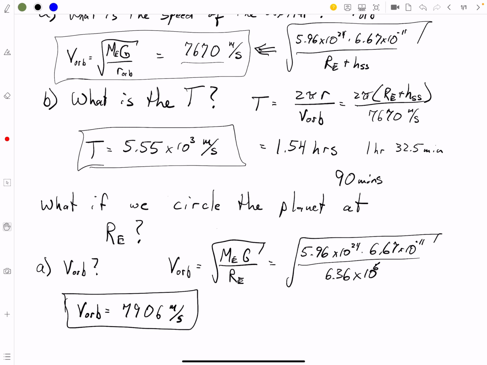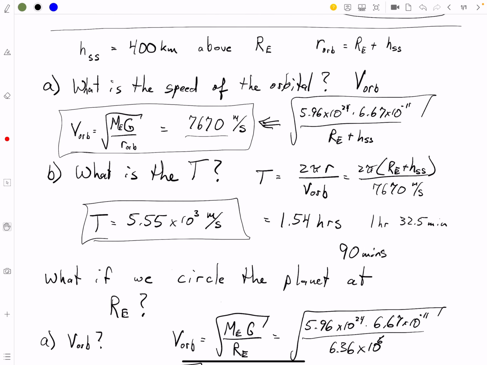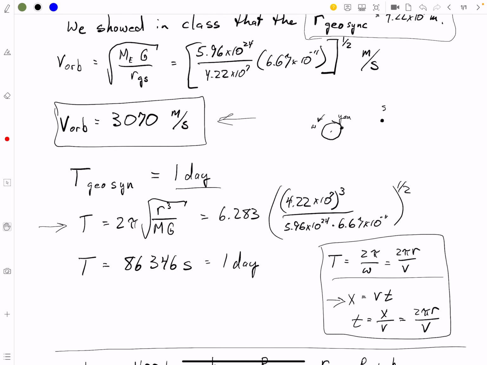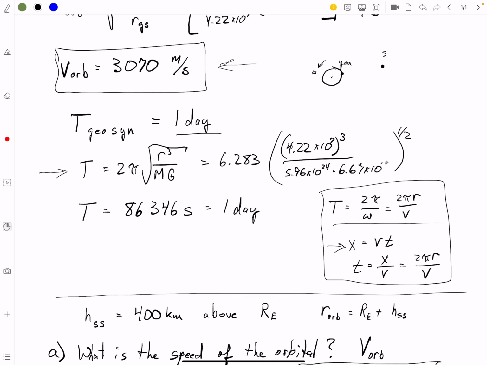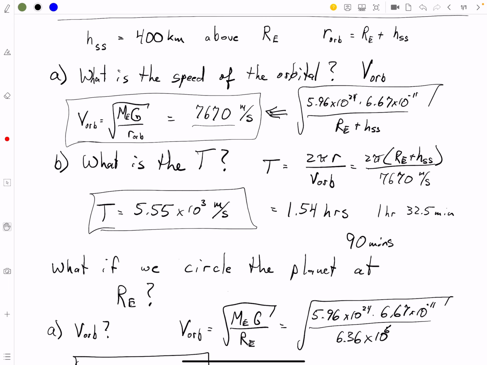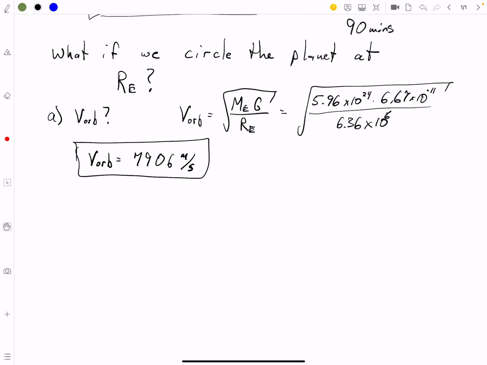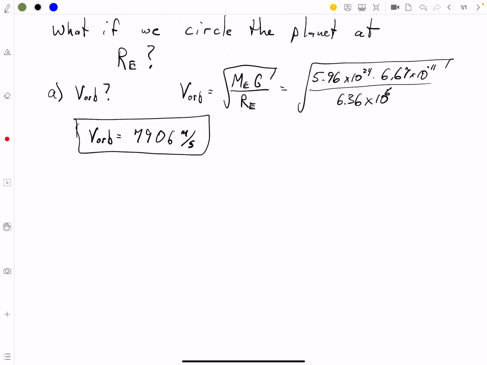Not really that much faster. What was it at geosynchronous? 3,070. So we really dropped off our speed with relationship to the Earth. As we got closer to the surface of the planet, we sped up. Okay, what is that a statement of? Pretty much a statement of conservation of angular momentum. Okay, let's not beat that horse anymore.